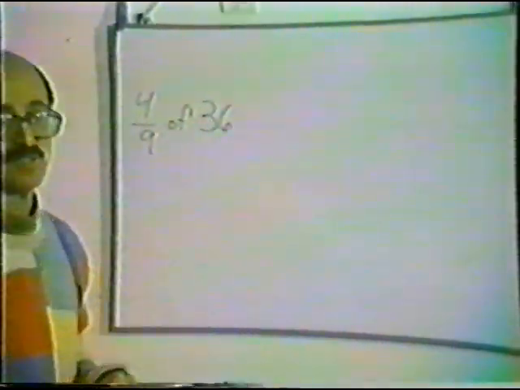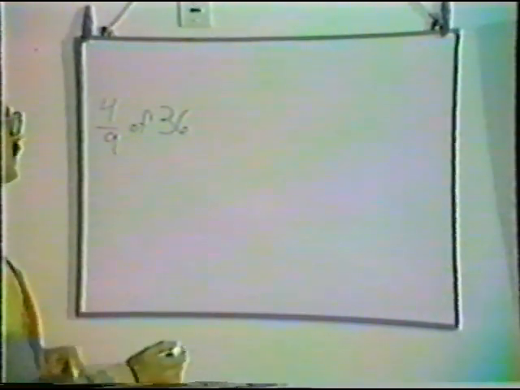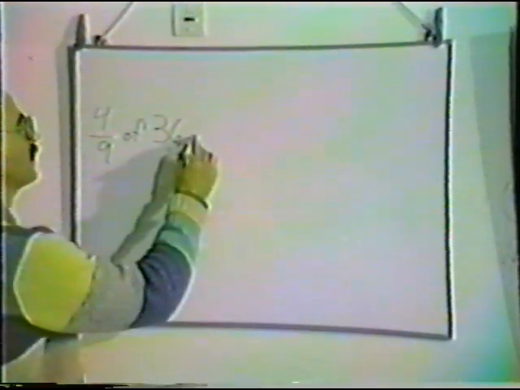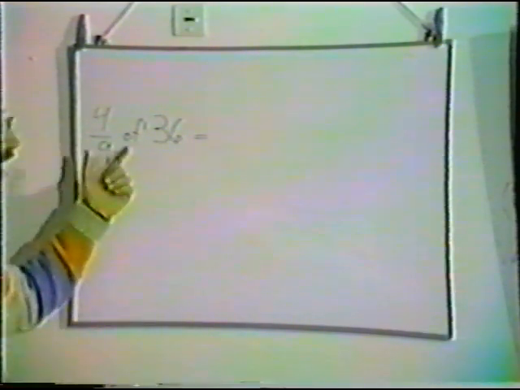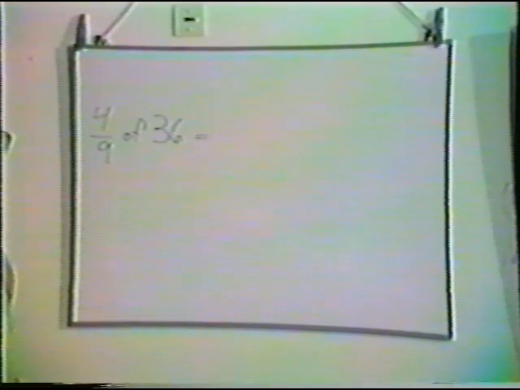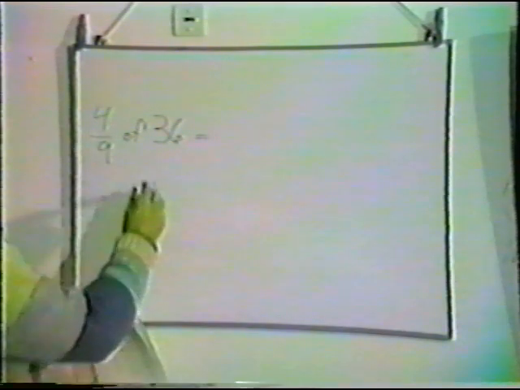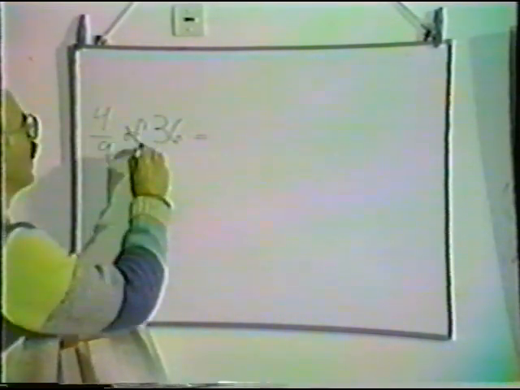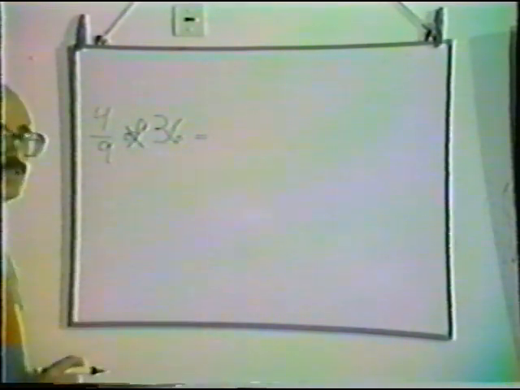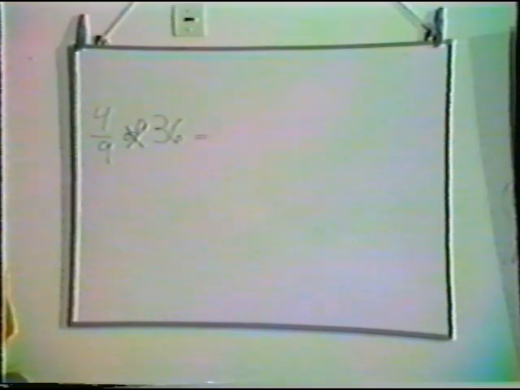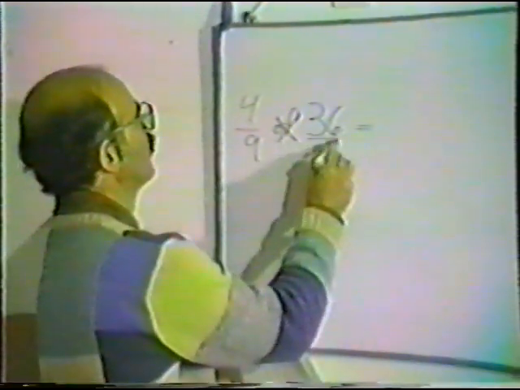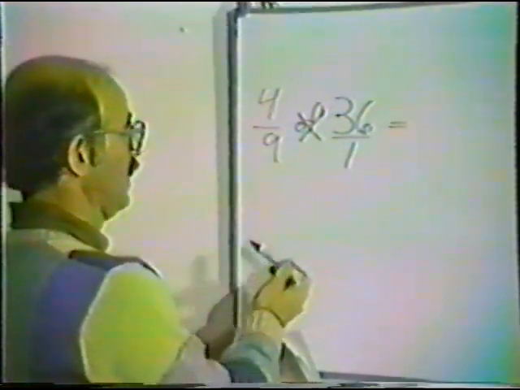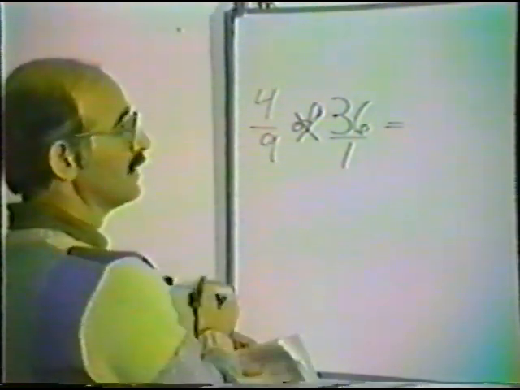What's the first thing I do when I see 4/9 of 36? What does of mean? Multiply. Yes, of means times. And what do I do with the 36? Put it over 1. Can I cancel the 9 and the 36?